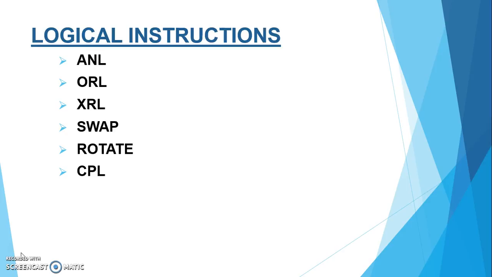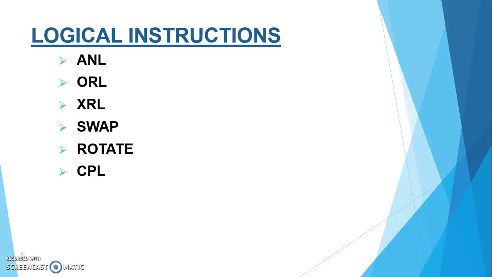Similar to that, we have ORL. As the name itself implies, ORL is the mnemonic for performing the logical OR operation. The way we use an OR gate for making the logical ORing between two contents, in a similar way here you can do the logical ORing between two operands' data.